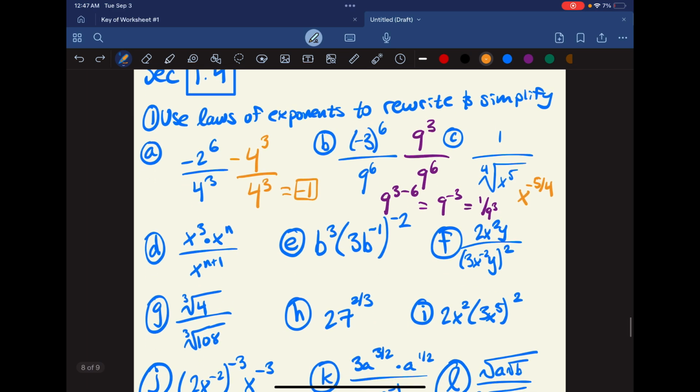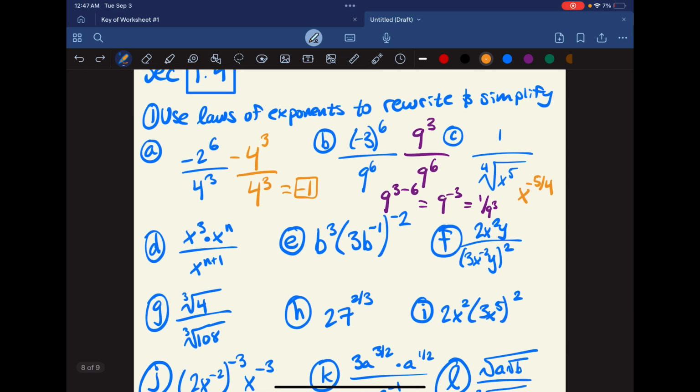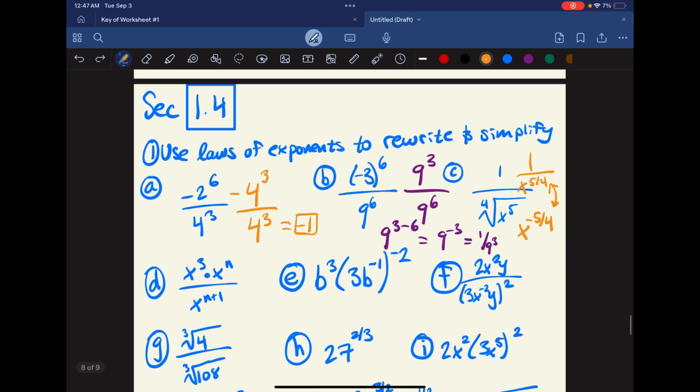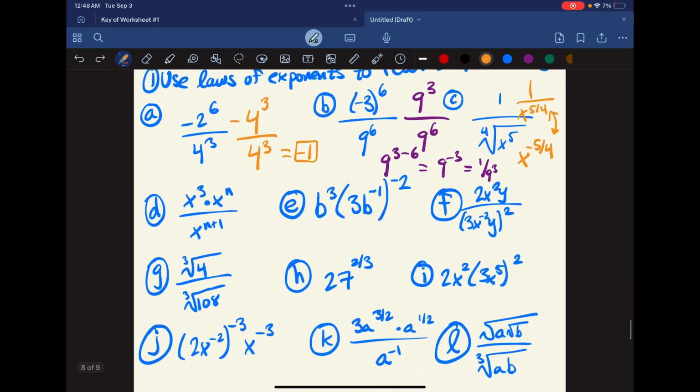It depends what the question is asking you to do with it. So this could be rewritten as x to the 5/4 or x to the negative 5/4. This is a slightly more simplified term, although it's generally unacceptable to leave a final answer with a negative exponent in it. But that's a bridge we'll cross when we come to it. Either one of these works for now.